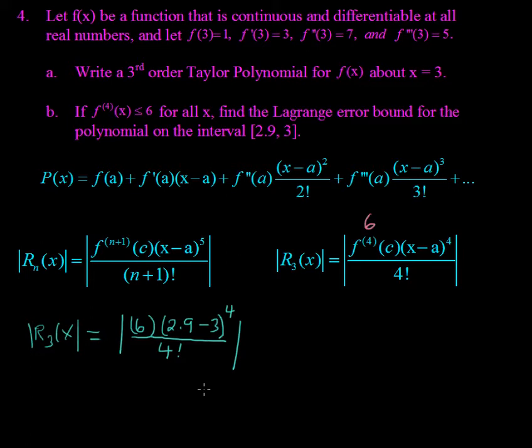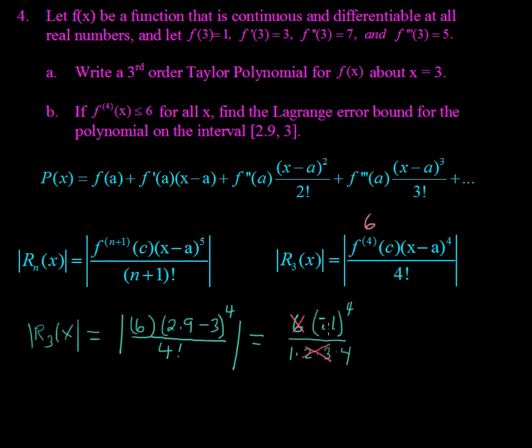So with that, we can start simplifying things. 4 factorial is 1 times 2 times 3 times 4. So that's 6 times 0.1 to the fourth. That's actually negative 0.1 to the fourth, all over 1 times 2 times 3 times 4. Let's cancel out that 2 times 3 with that 6.